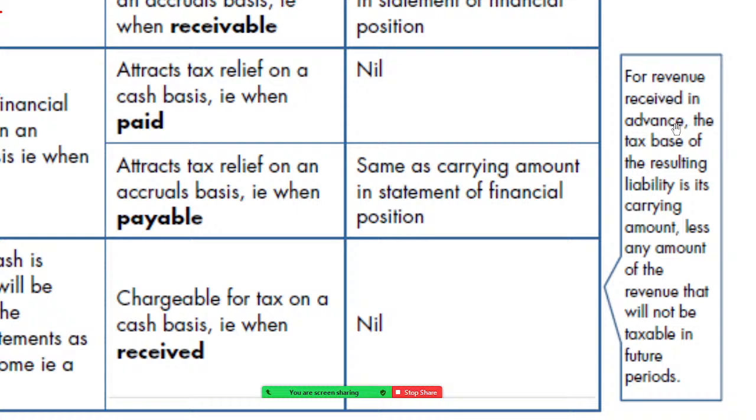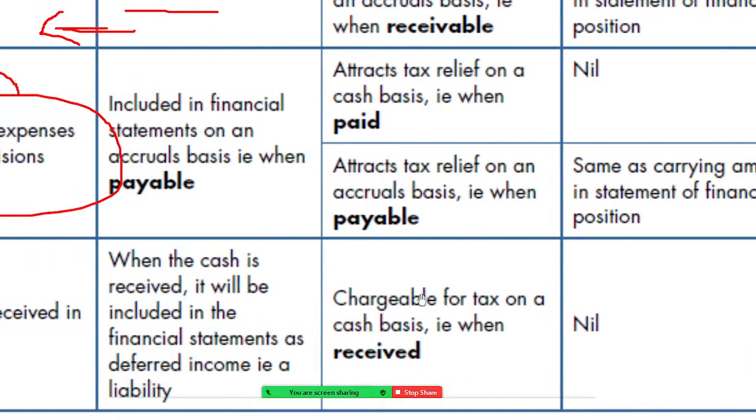For revenue received in advance, it is a different treatment, right? For revenue received in advance, the tax base of the resulting liability is its carrying amount minus any amount of revenue that will not be taxable in the future period. Here it is treated on a cash basis. The entity has received income, not on accrual basis, it's a prepayment of income.